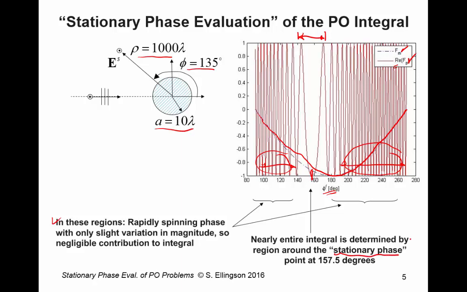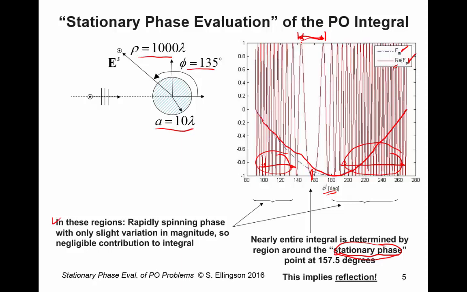So the idea in stationary phase evaluation is to identify the area of the integral where we get most of the contribution, as in a situation like this. We have to identify that place, that stationary phase point, and then, courtesy of some mathematical analysis which we don't have to do here, we have an expression for the integral that's obtained by looking at just this region.